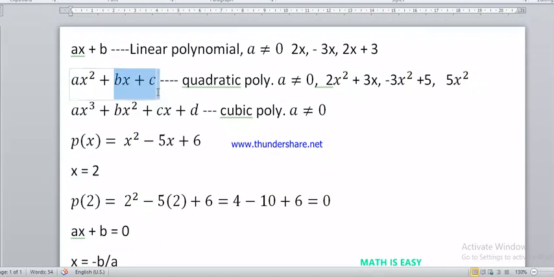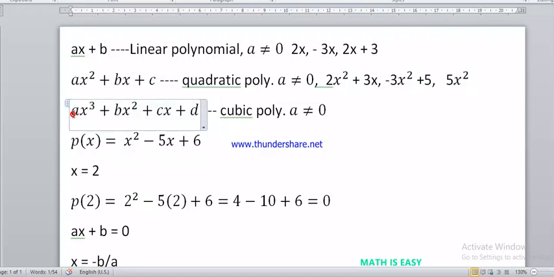But b value or c value or maybe both can be 0. Here I have taken different examples. 2x square plus 3x, here c value is 0. Then 3x square plus 5, here b value is 0. And here 5x square, b and c both are 0. There is no x term and no constant term. So these are all the examples of a quadratic polynomial.